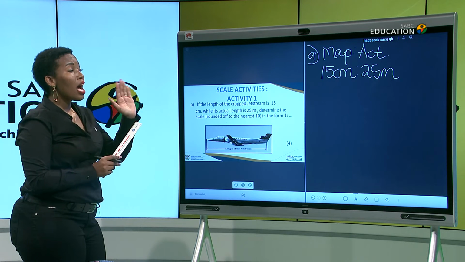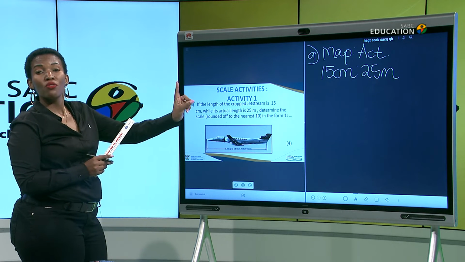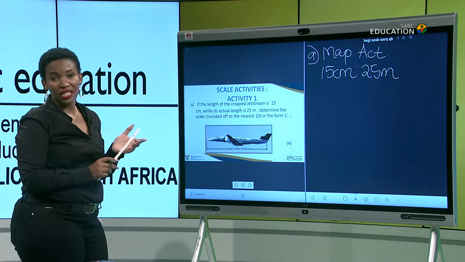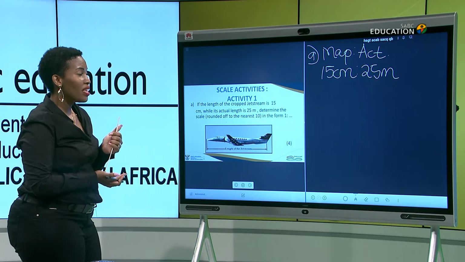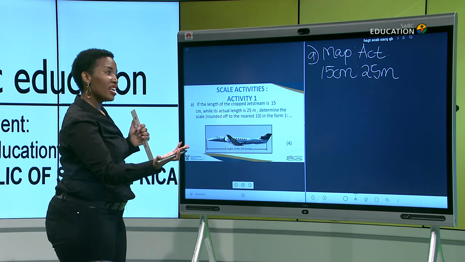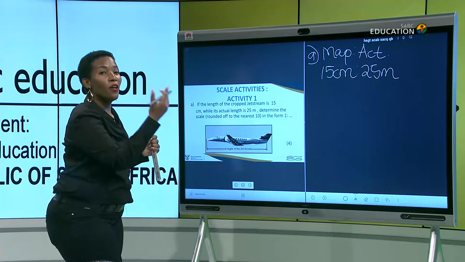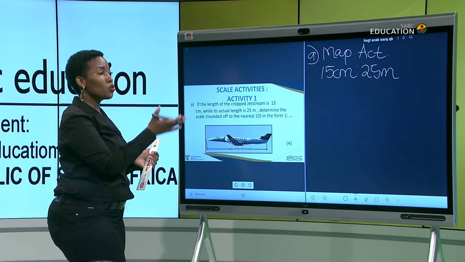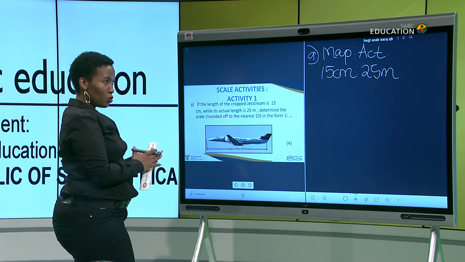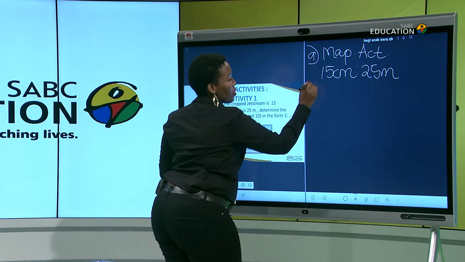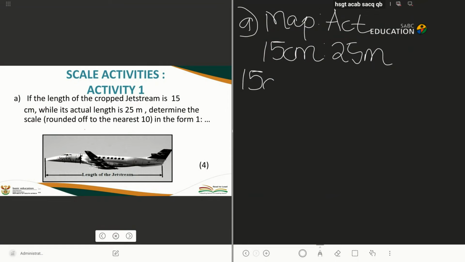First of all, our main problem there is that our units are not the same. So now we need to convert our units to make them the same. And like I said, this side I have meters, and meters are bigger than centimeters. So I'm going to use my King Henry to convert my meters to what? To centimeters. And then 15 centimeters is to. How do we convert from meters to centimeters?